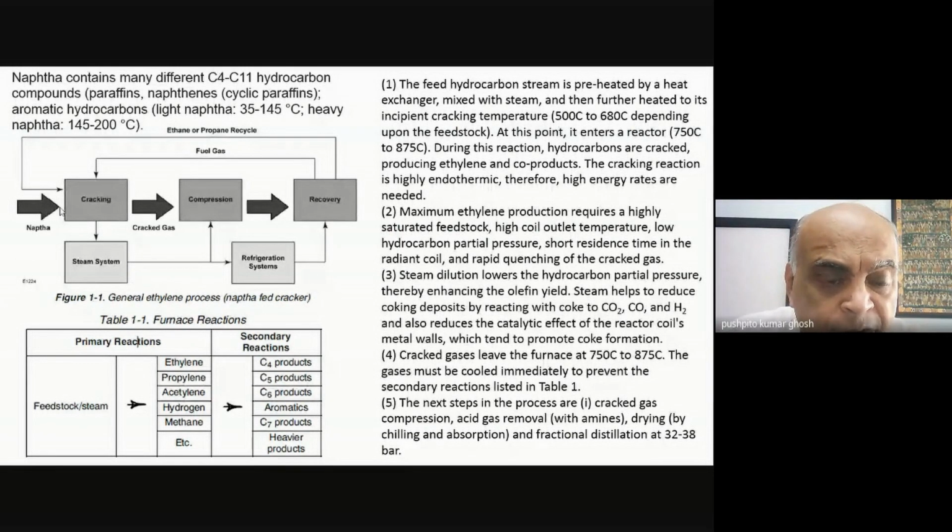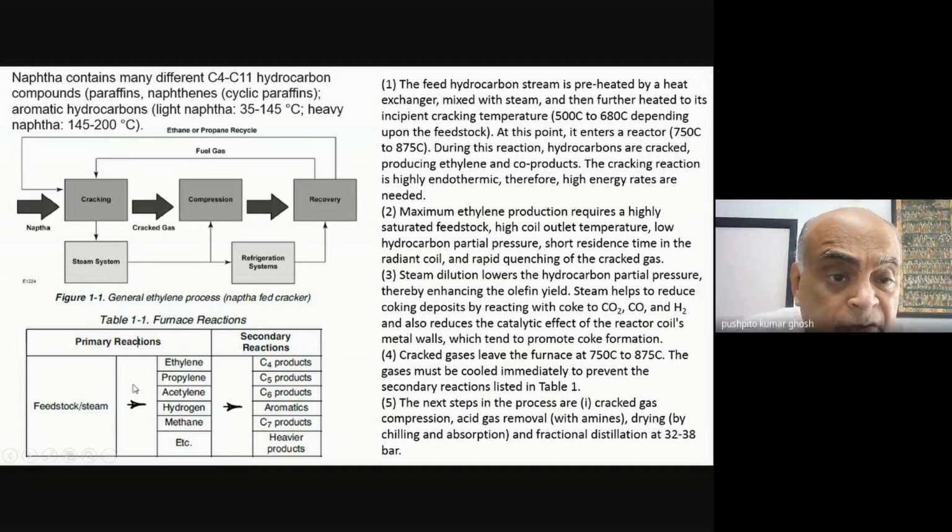So what we know is that if you've got coke and if you've got steam, then they will react. Again, I will do steam reforming and end up forming CO and H2. So I can actually prevent the coke formation by introducing steam.